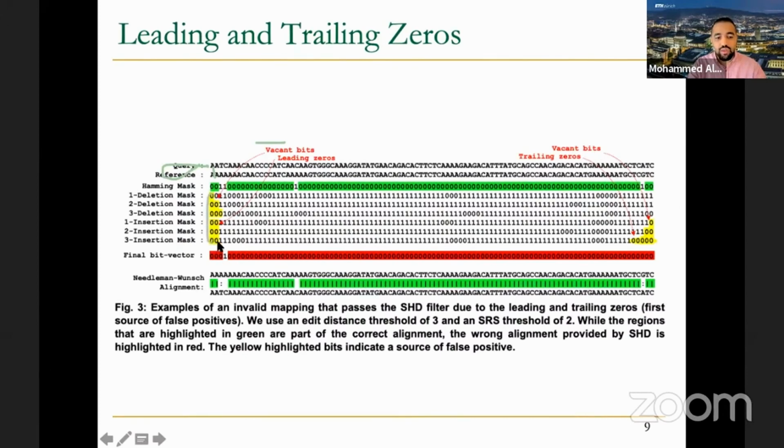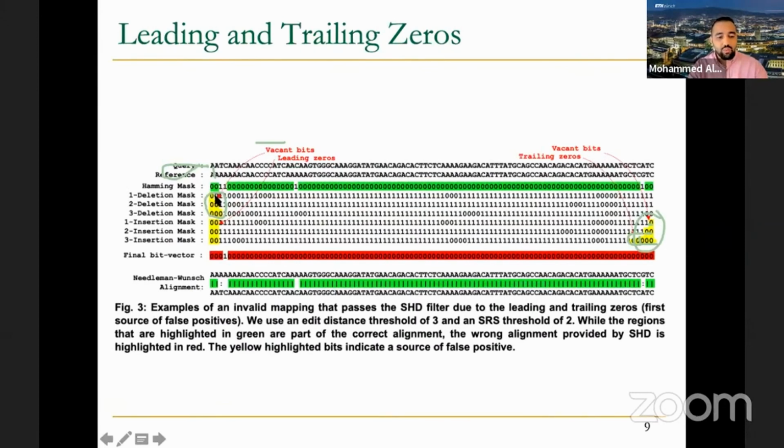You could consider them as one, it's up to you, but we consider them as zeros. Especially these, not all of them, only the deletion mask over here and those. So this is single zeros, and then 3 zeros. The fourth zero or the fourth and fifth are the result of something else, not because of the shift operation, because the last mask we shift 3 times only, remember that.